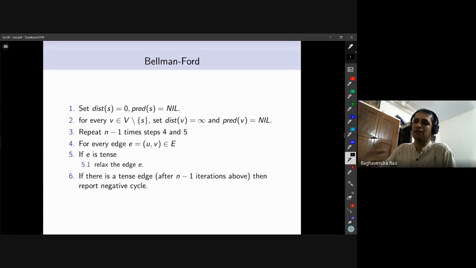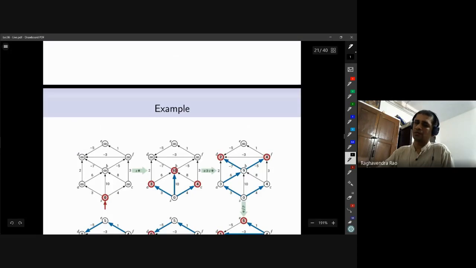So once we have everything, distance V representing the weight of a shortest path, there will be no tensed edge at all. But if there is still a tensed edge, that means there has to be a negative cycle. Okay, so that is a kind of intuitive reasoning. This is also almost formal reasoning, but I'm not writing it down. I just want you all to think about it and write a formal argument. But the formal argument essentially comes from here.